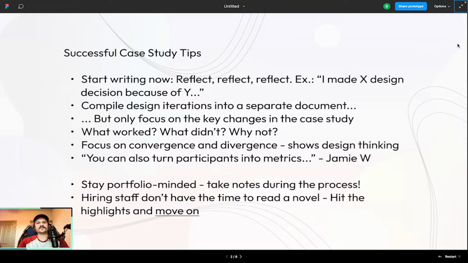And as far as keeping a sort of diary of artifacts is concerned, you'll have your notes here, but I would also suggest, especially if you're using a program like Sketch or Figma or Adobe XD, have a separate document where you're able to copy and paste iterations of the designs that you're working on.